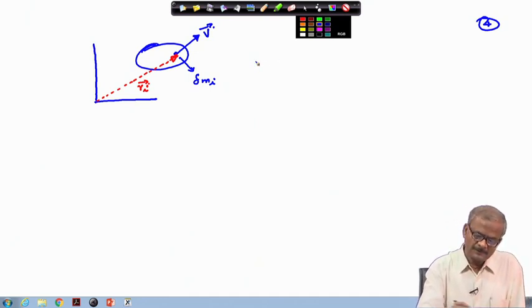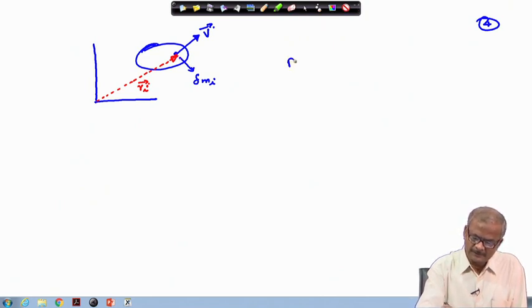Now if we apply Newton's law to this particular point, after the whole reduction we have written F equal to, with k equal to 1, so this is dp by dt.